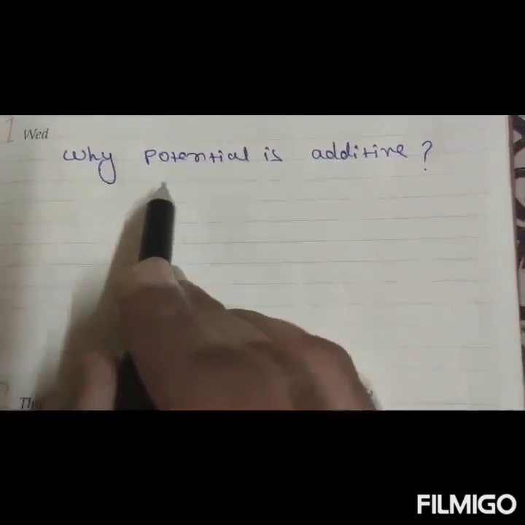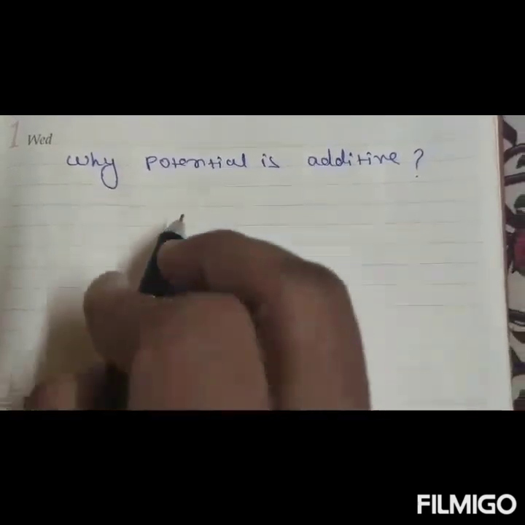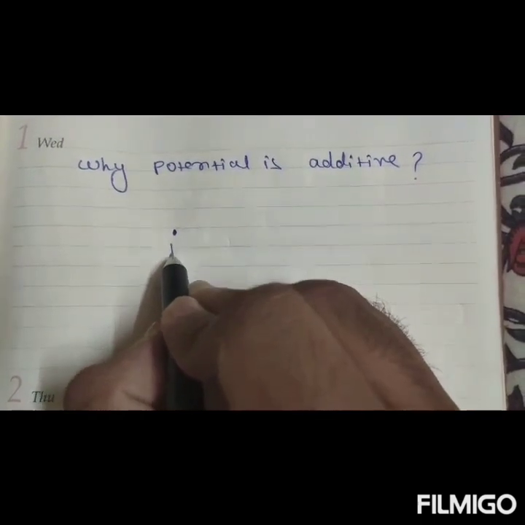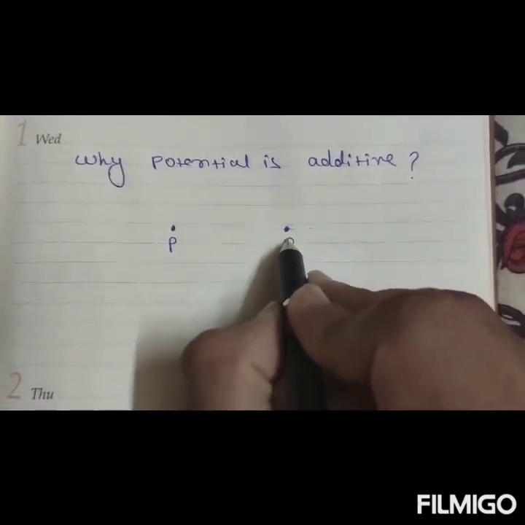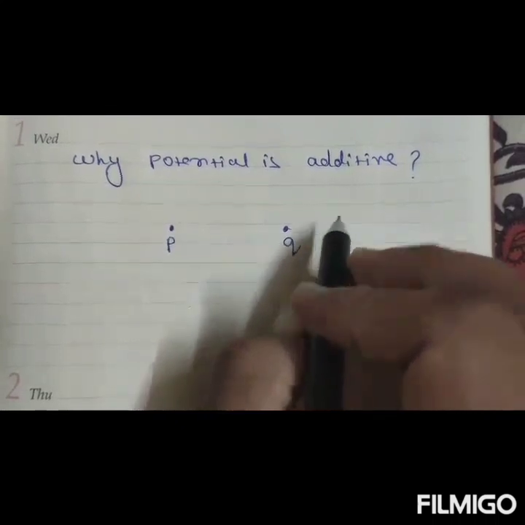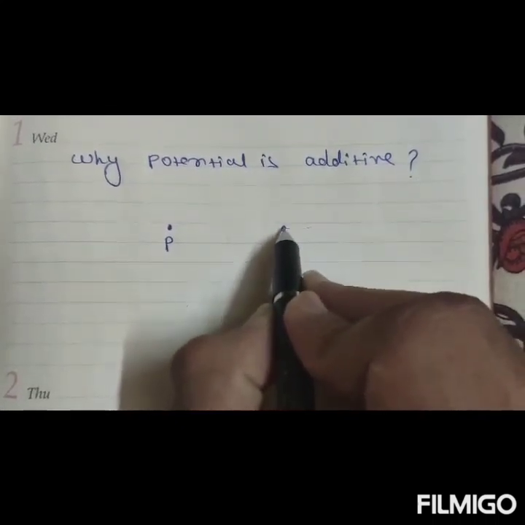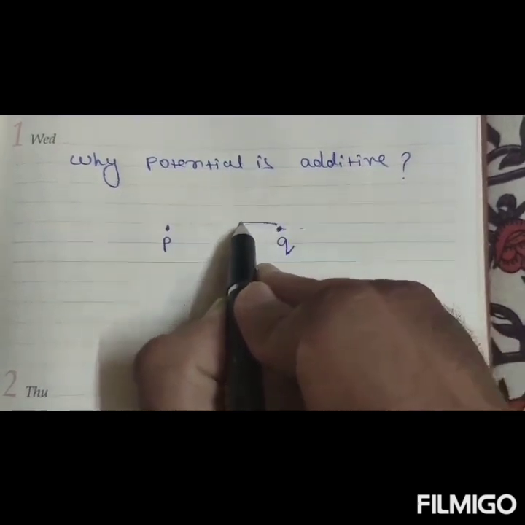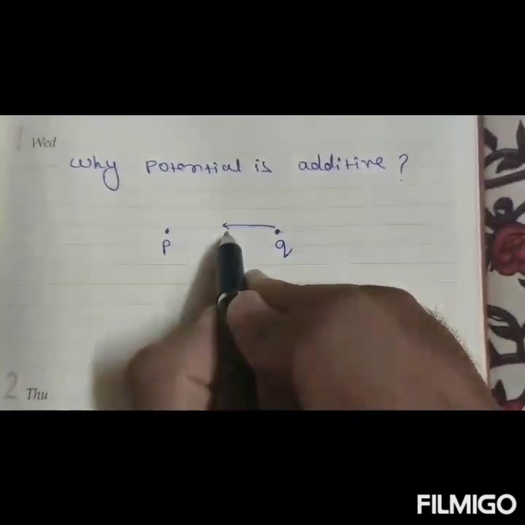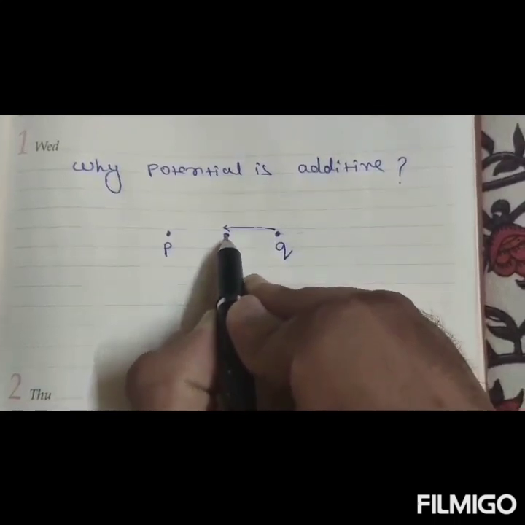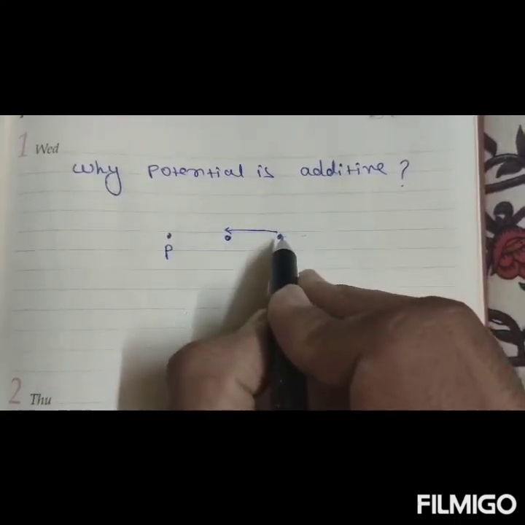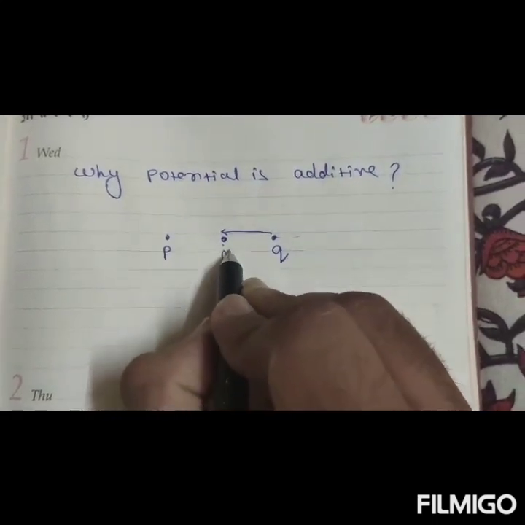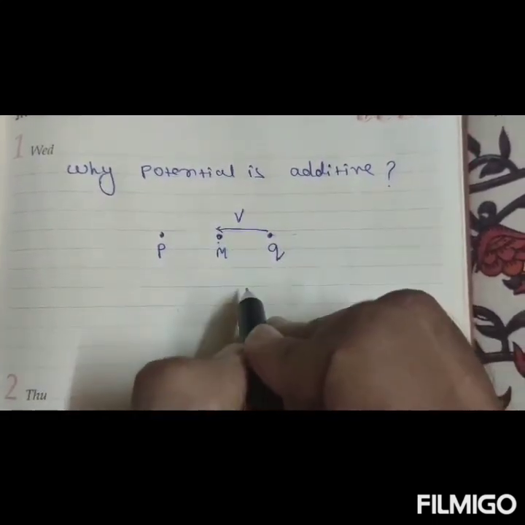Now let us think why potential is additive. Suppose one is at this point P and the other at this point Q. Let us place a charge here and move it. If I move one charge from point Q to the midpoint M, I will get one potential.